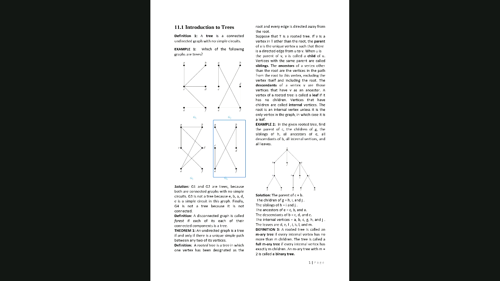So this graph is disconnected. So this is not a tree. So solution: graph G1 and G2 is a tree. G3 is not a tree because it contains circuit A, B, E, D, A. And G4 is not a tree because it is a disconnected graph.